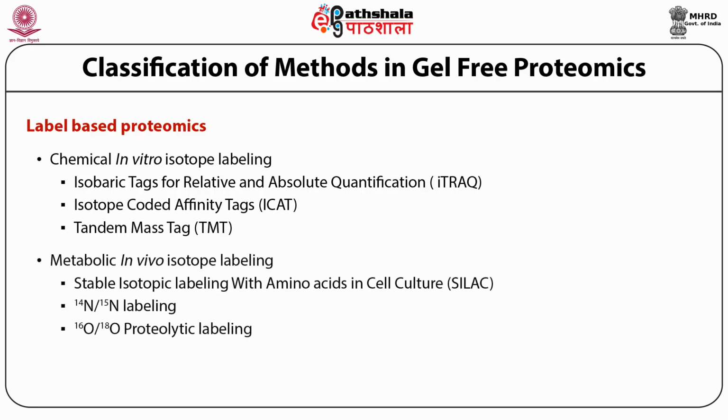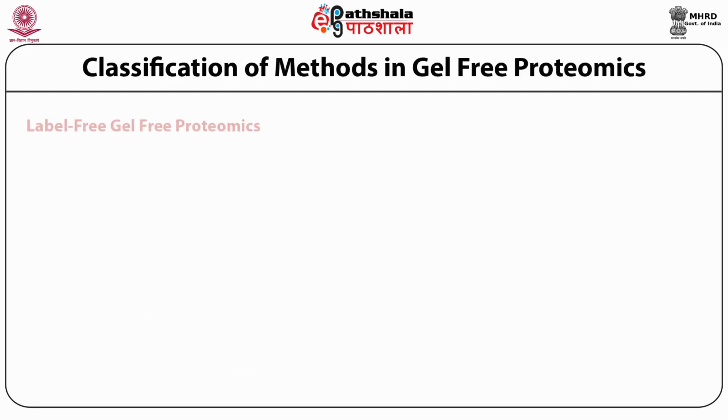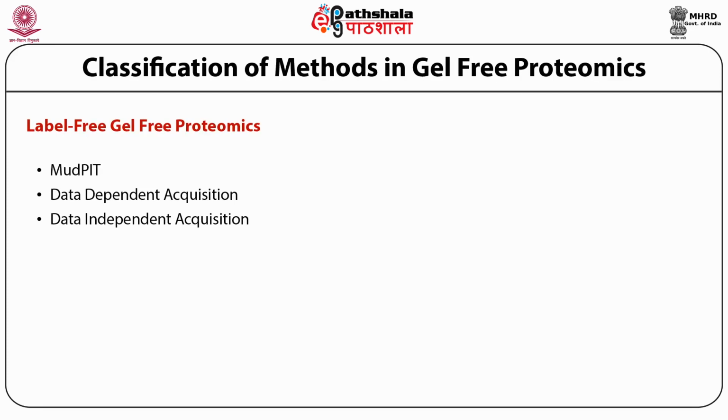Then we have metabolic in vivo isotope labeling, which comprises SILAC, that is stable isotope labeling with amino acids in cell culture, the N-14/N-15 labeling, and oxygen-16/18 proteolytic labeling. We also have absolute quantification by QConCAT, peptide concatenated standards. Under label-free gel-free proteomics, we have MudPIT, data dependent acquisition and data independent acquisition.